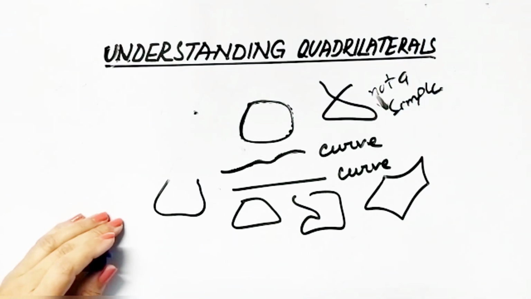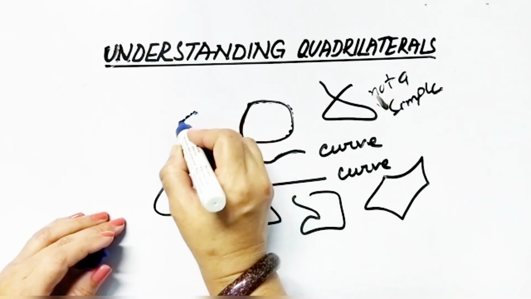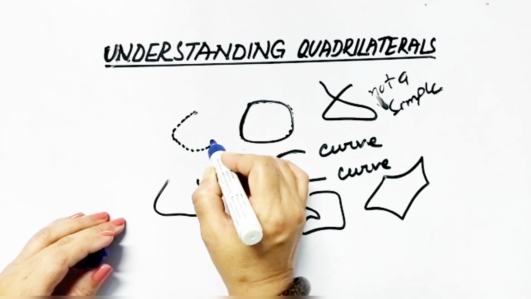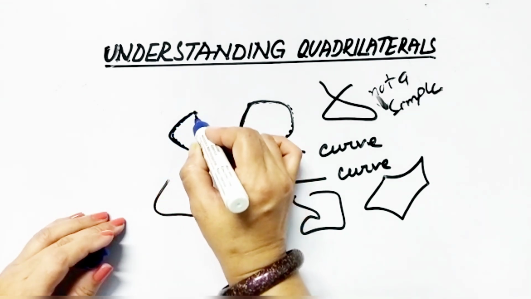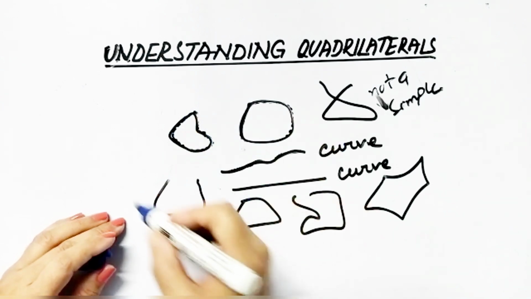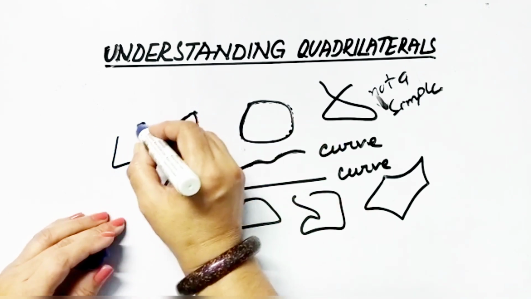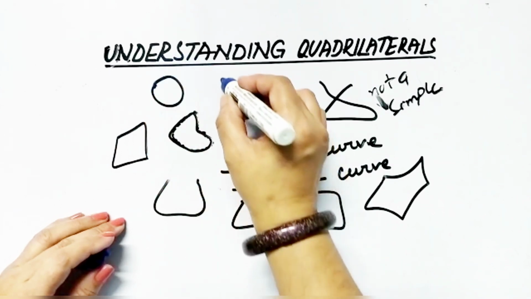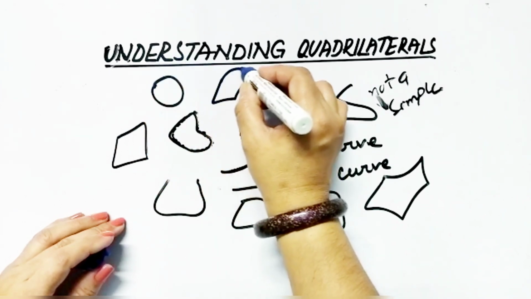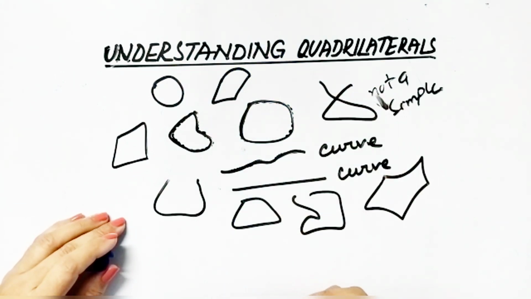When the curve is not intersecting itself at any point, it is a simple curve. So these are simple closed curves. This is a simple closed curve. This is also a simple closed curve. These are simple closed curves.